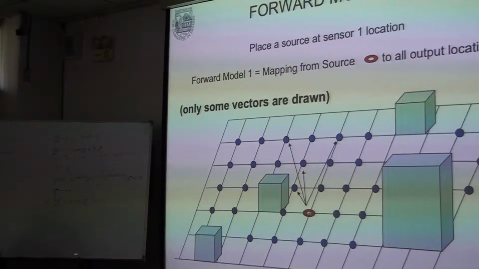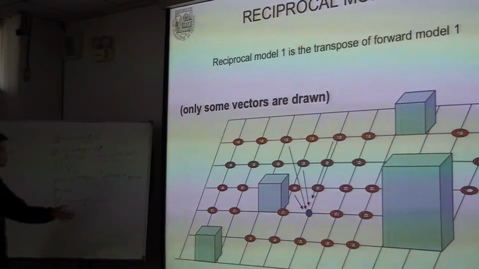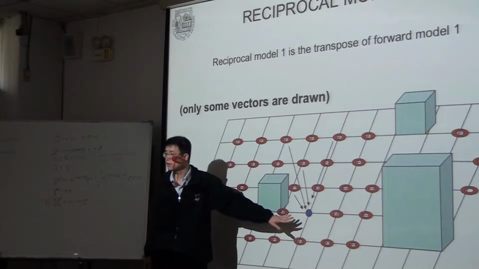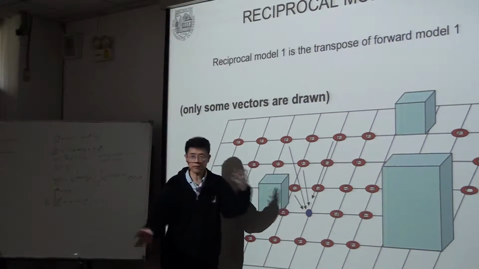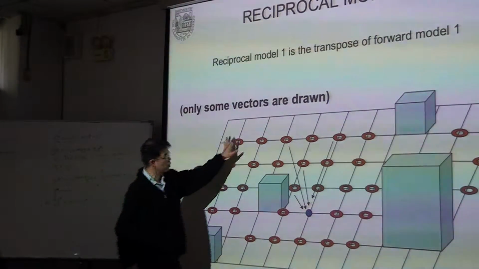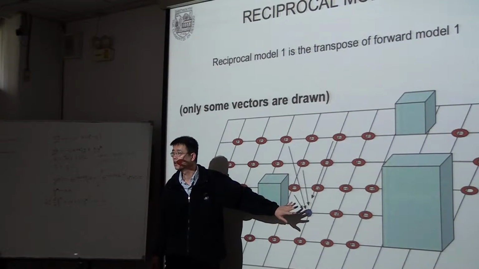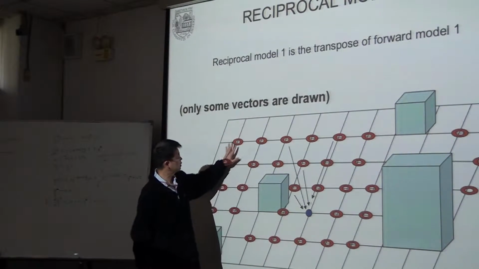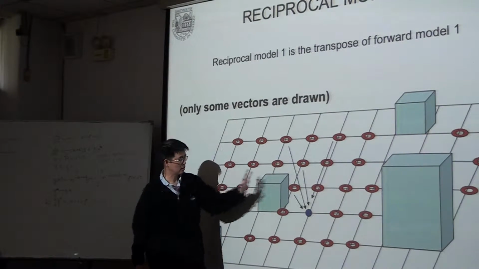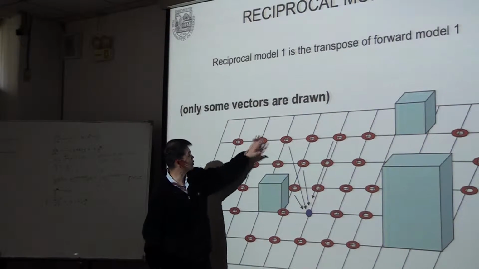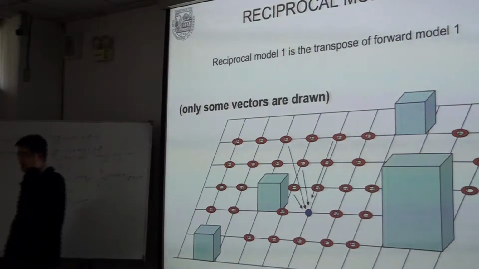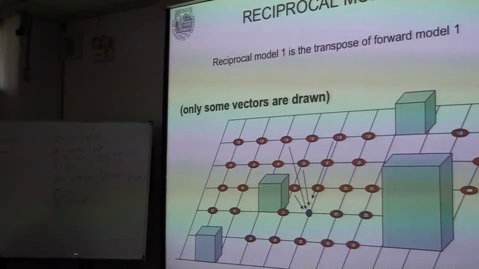And then to get the model from many sources to that output, if we reverse the sensor and actuator locations, we have a distributable model. So this model will tell us, if the input is at any of these locations, the dynamics between the input at each of these locations and the sensor located there. So that's a reciprocal model.